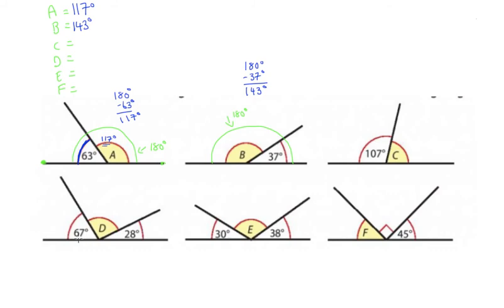So if I add these two together and I take it away from 180, whatever is left over must be the angle of D. And same here. If I have 30 and I add 38, whatever those two add up to, they add up to 68 anyway. If I take that away from 180, I'll find out what E is.